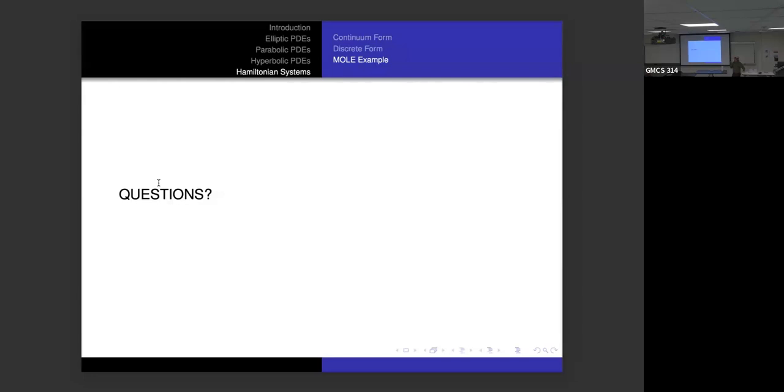The computational efficiency of the mimetic method is similar to finite difference. And it's very hard to beat finite difference in the time it takes to solve a problem. So we get the same time, but we get better results and high order.